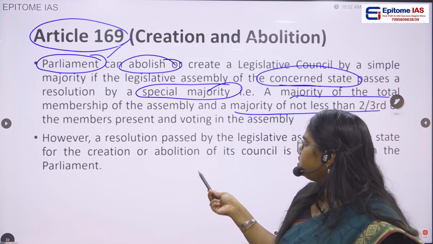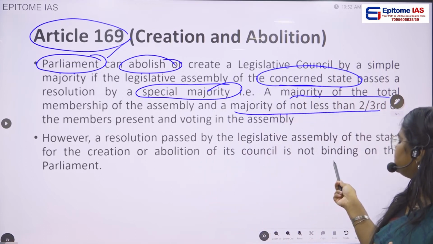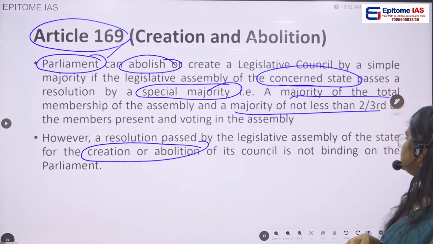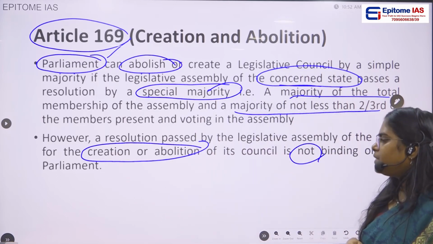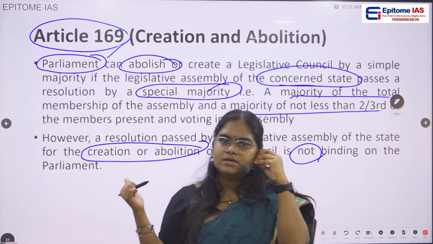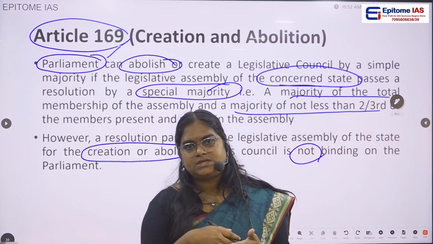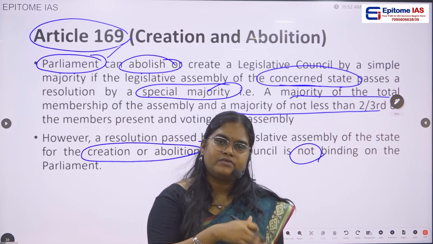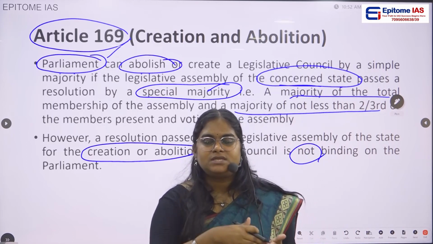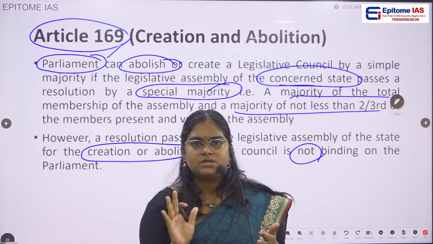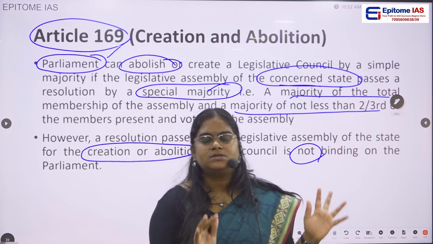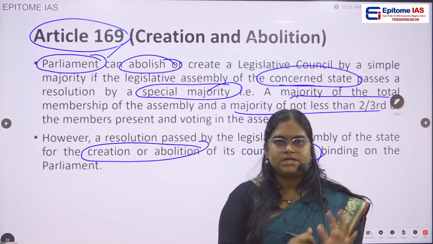Okay. However, a resolution passed by the legislative assembly of the state for creation and abolition of the council is not binding on the parliament. So this is what you have to see. Whenever the state legislature passes the resolution, both in creation or in case of abolition, it does not mean that the parliament must abolish or must create the legislative council.